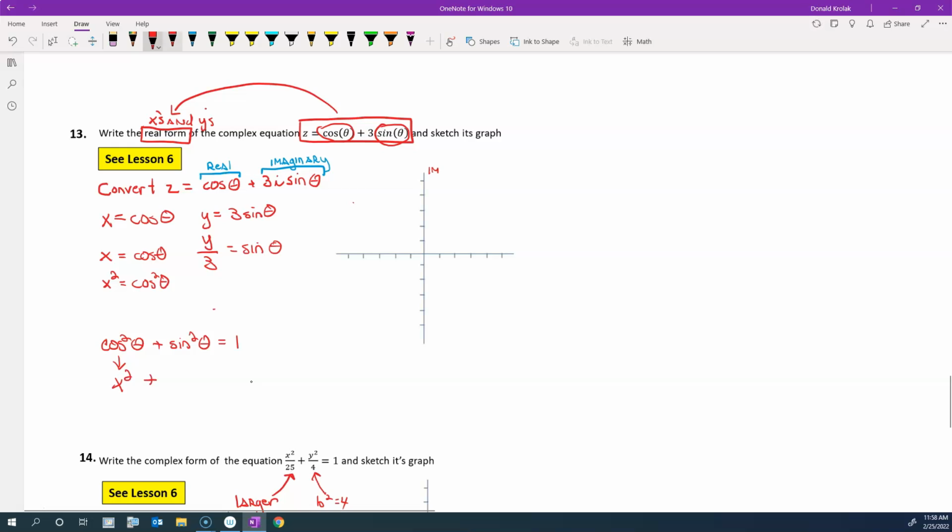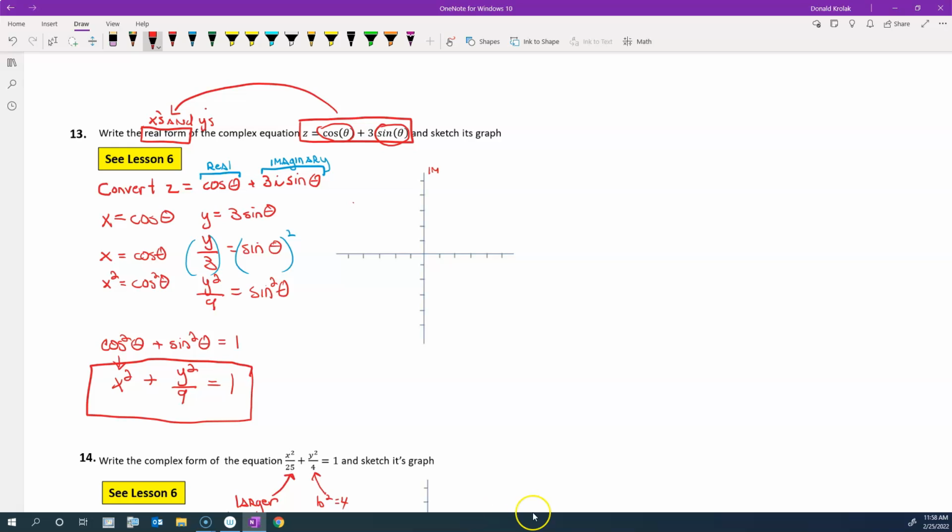And here, if I take both sides and I square it, I get y squared over 9 is equal to sine squared. So then I can replace that down here. So this would be x squared plus y squared over 9 equals 1. So that is the rectangular form.